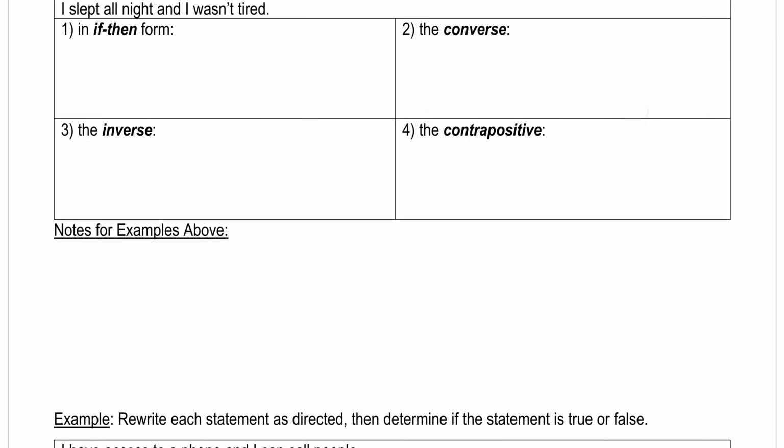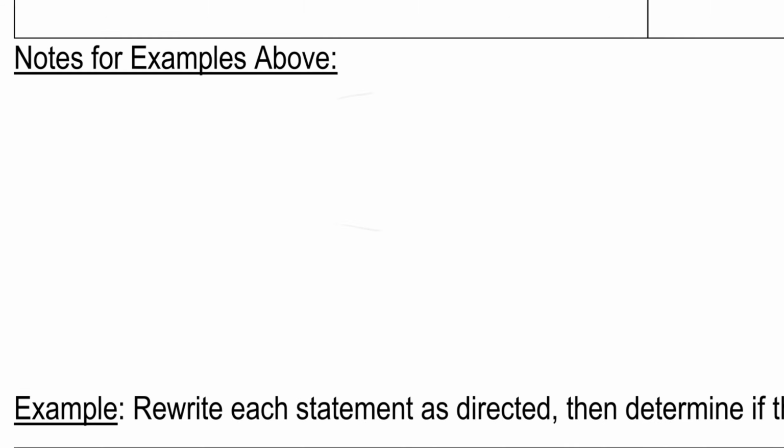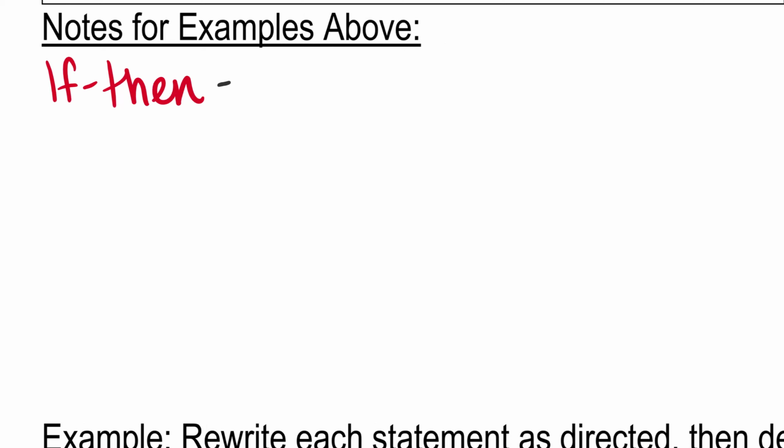So before we write these, let's get some notes so you know what you're doing. So first we have if-then. If-then is simply a statement where you have a hypothesis, the first part, and a conclusion is the second part.